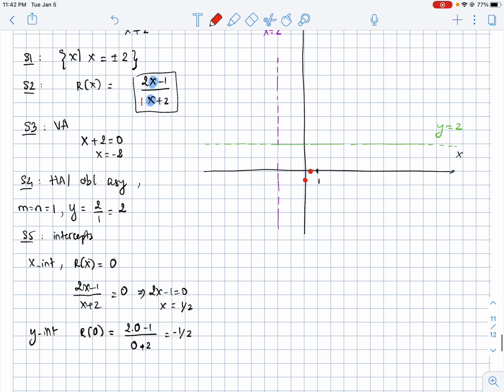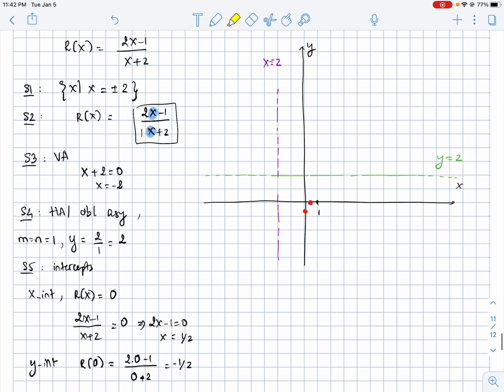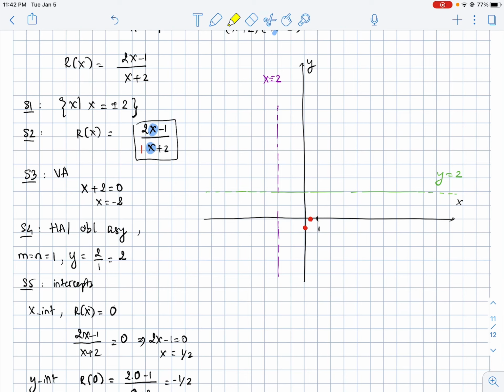Okay, now we need to make additional points. Let's continue making more points, starting from the left-hand side. We need to make the points to the left of the vertical asymptote. So from this one, we will make negative 3.